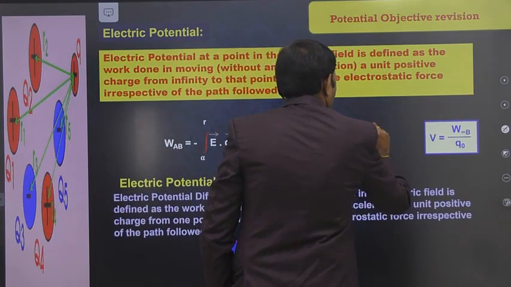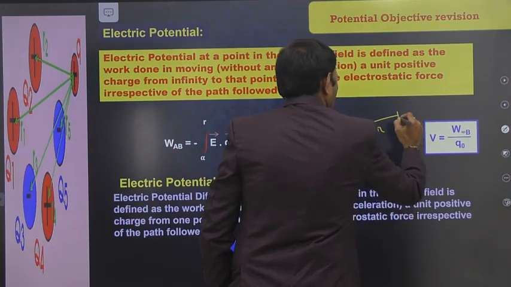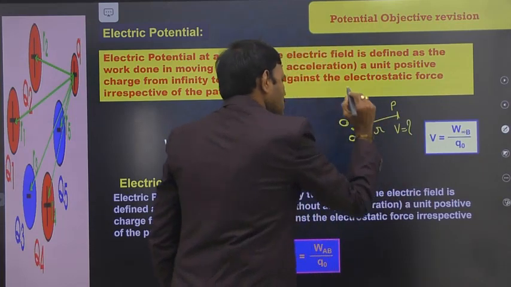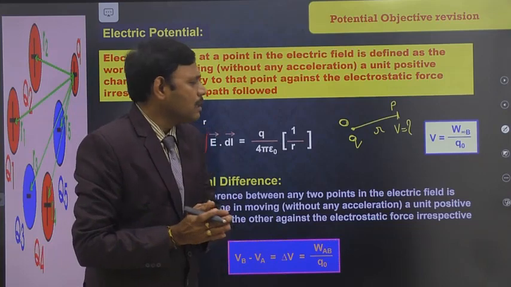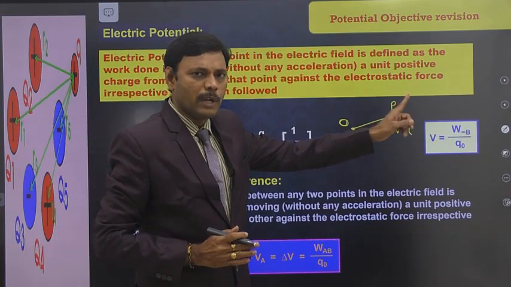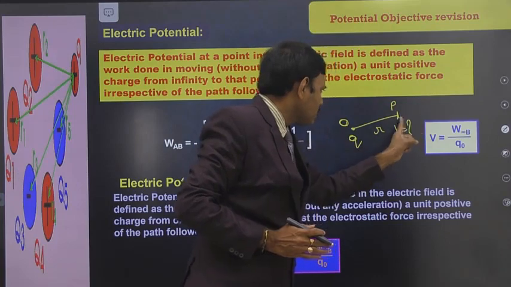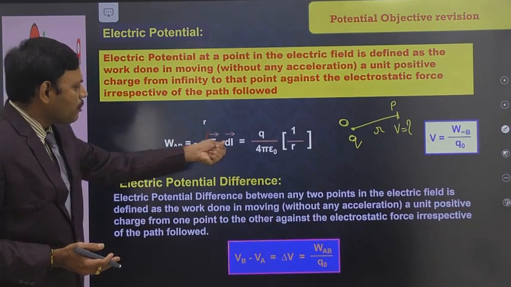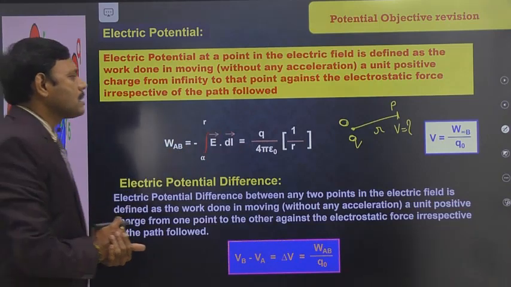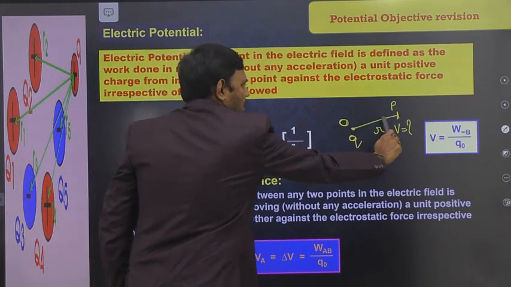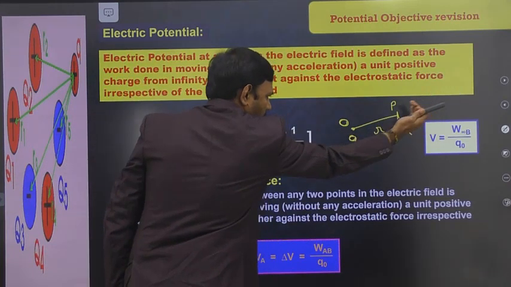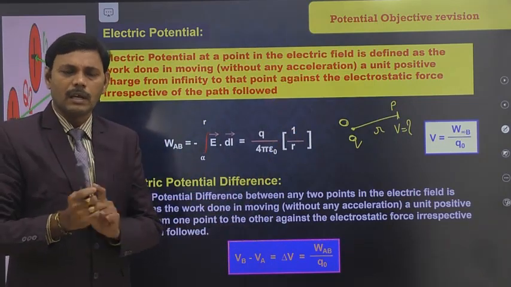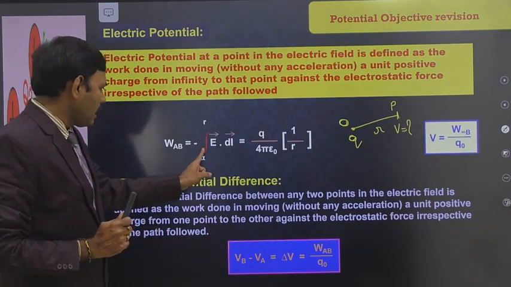Suppose at a distance R, we would like to know the potential V. Let V be the potential at some point P, which is at a distance R. That is numerically equal to the work required to bring a unit positive charge from infinity to this point, and that is calculated by the formula minus integral E bar dot dr bar, because the electric field due to this charge is away from the positive charge and we are bringing the positive unit charge towards it. Displacement and force or electric field are in opposite directions, hence we are using the negative sign.